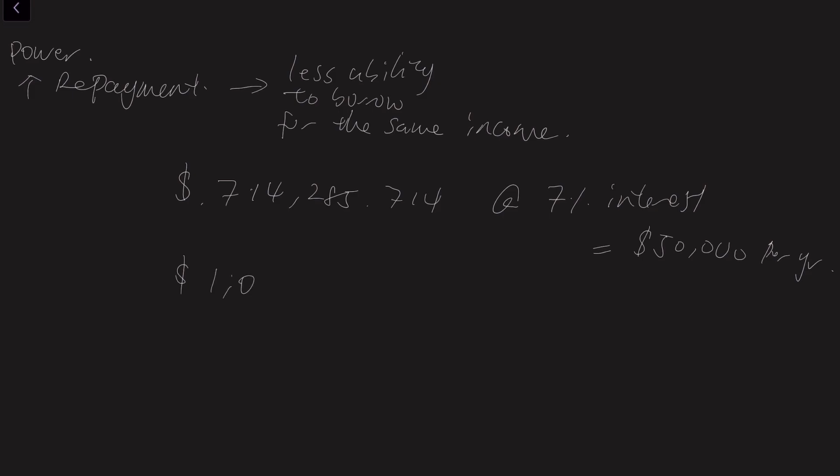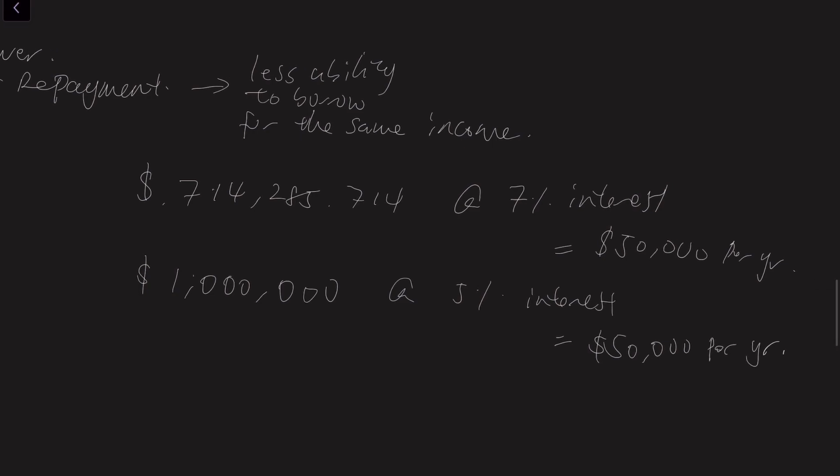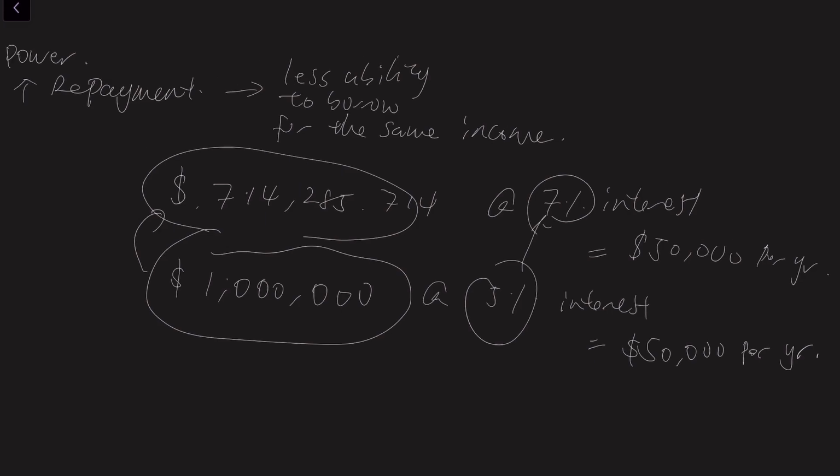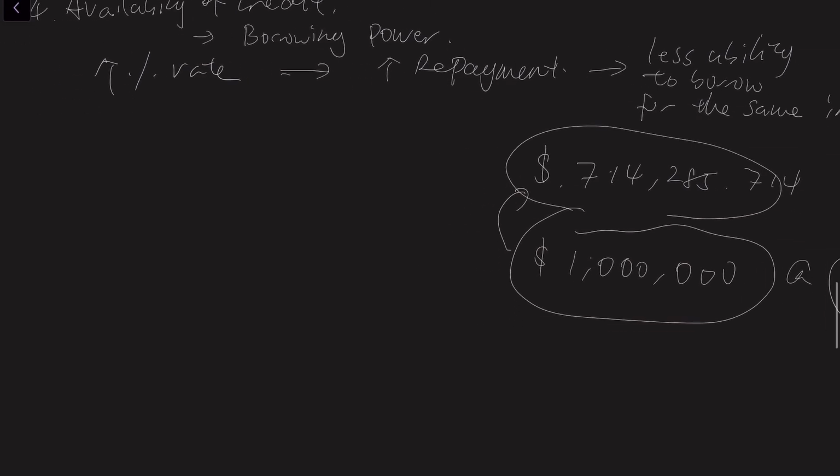But if the interest rate is 5%, you need to borrow $1 million to pay $50,000 in interest. So the ability for you to borrow decreases if the interest rate increases. And that's why the property price usually drops when interest rate is higher, because you are less able to borrow money under a high interest rate environment.